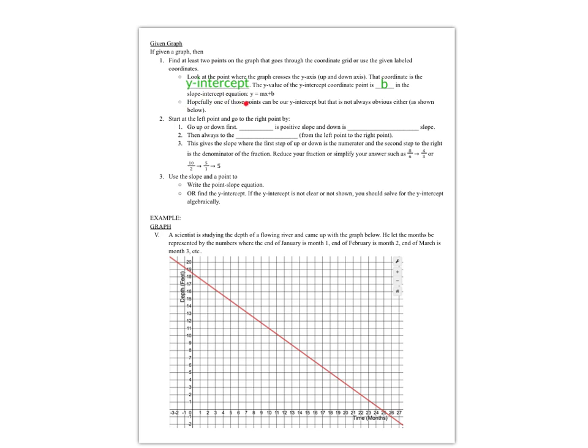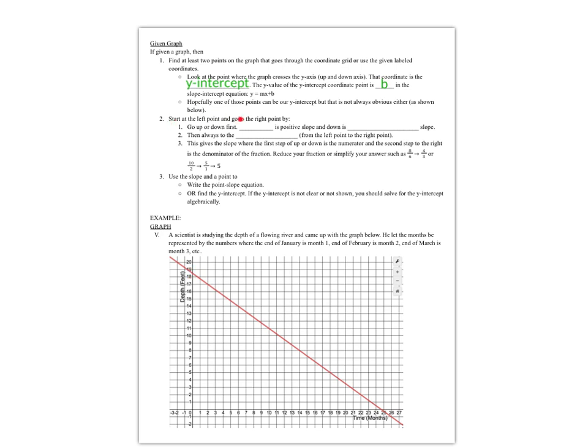Hopefully, one of those points is our y-intercept, but it's not always obvious either. That's from below. Here, I can't tell exactly where that crosses. I can tell it's somewhere between 18 and 19 on the y-axis, but I don't know for sure what it is.